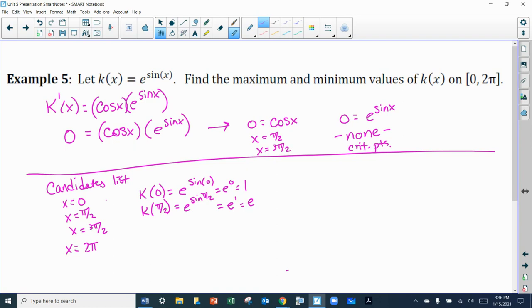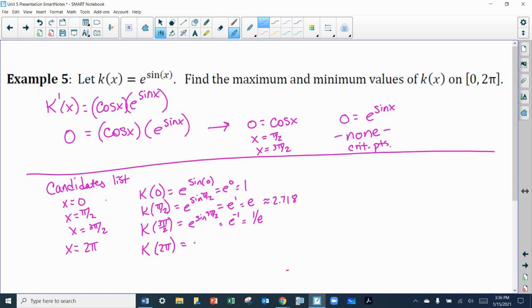That just turns out to be e, which, if you don't know what e is, 2.718. k of 3 pi over 2 is e to the sine of 3 pi over 2. That's e to the negative 1, that's 1 over e. 1 divided by 3-ish, about 0.3, right? Keep that in your head so that we can judge which is biggest and which is littlest for y values.